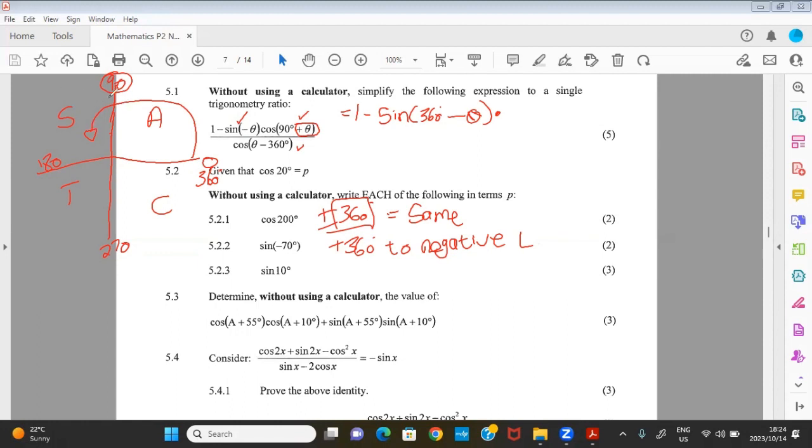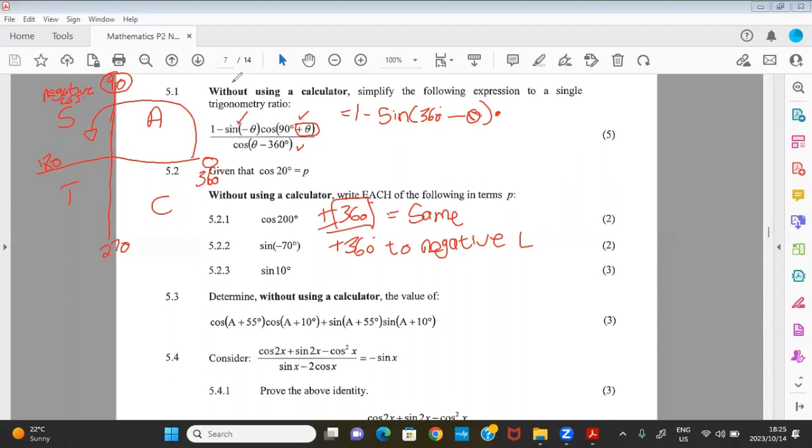I'm going to end up in quadrant 2. And I know that in quadrant 2 now, my cos is negative. My cos is negative. So, okay, I know that I'm in quadrant 2 and then my cos is negative.